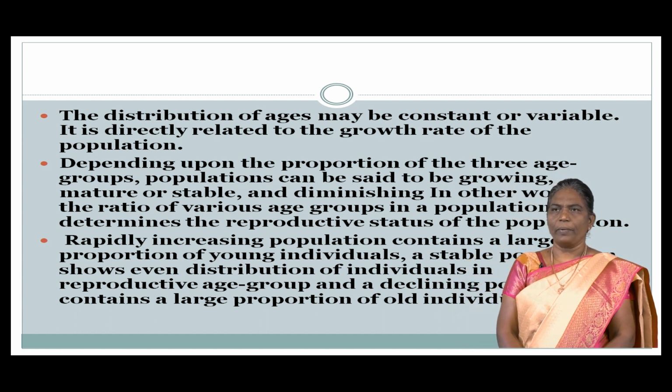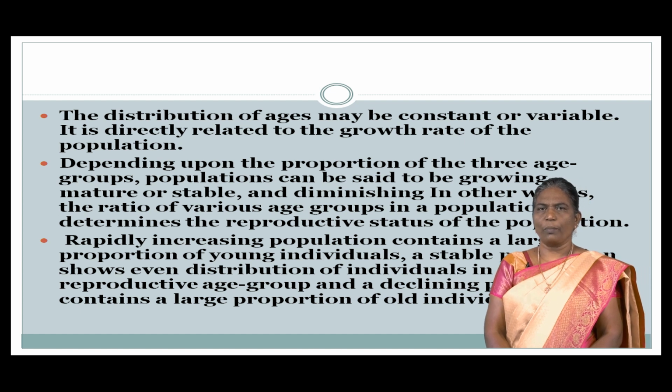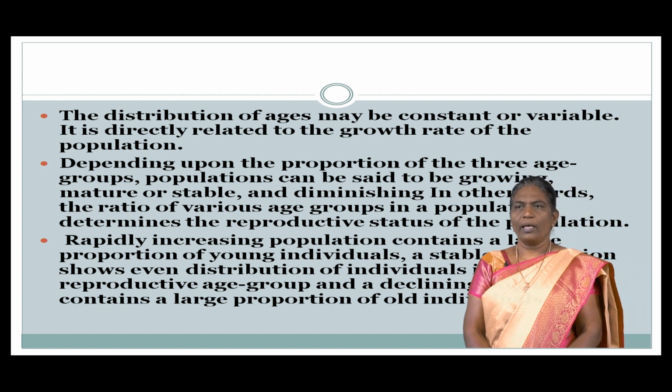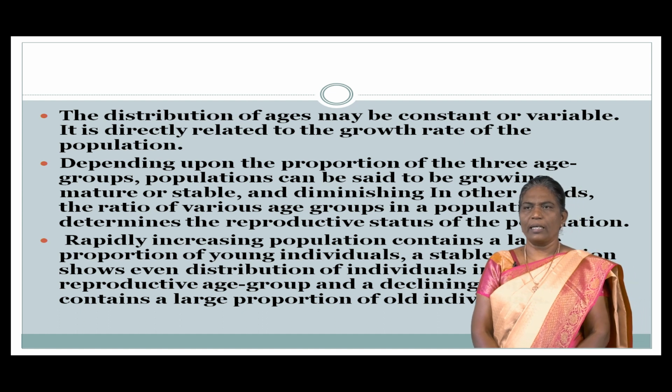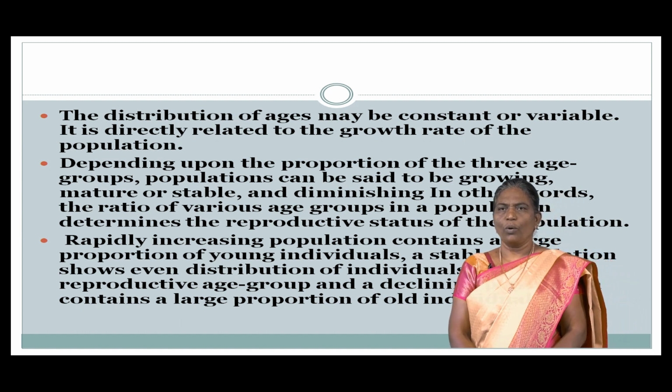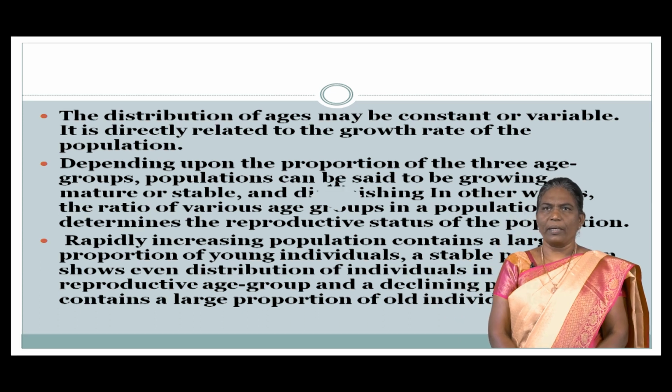Rapidly increasing population contains a large proportion of young individuals. A stable population shows even distribution of individuals in reproductive age group, and a declining population contains a large proportion of old individuals. The next is about the age pyramids.